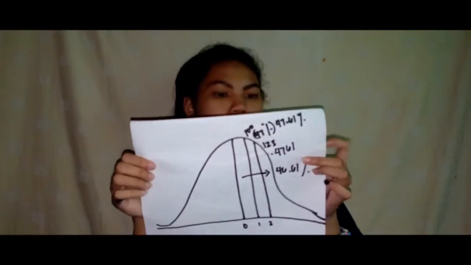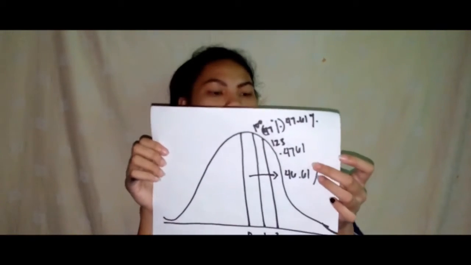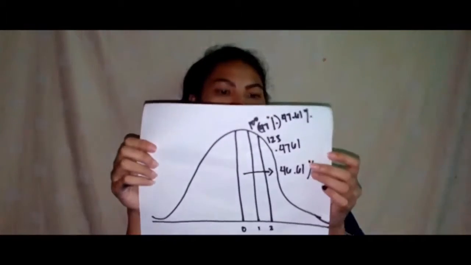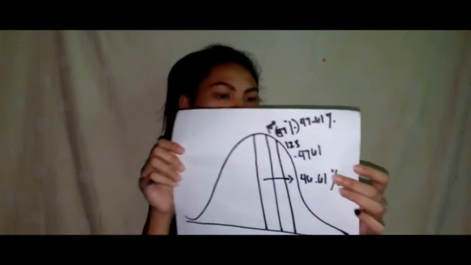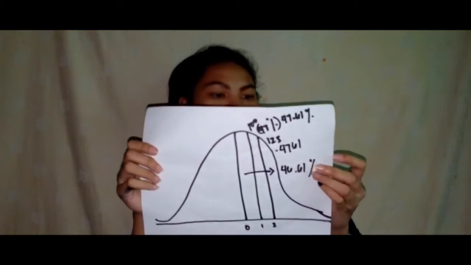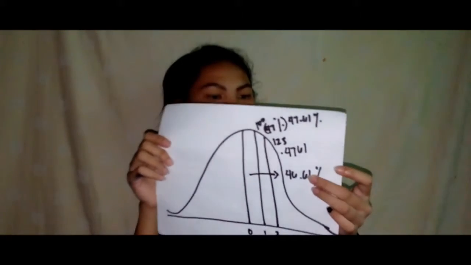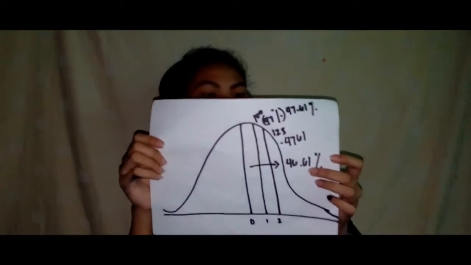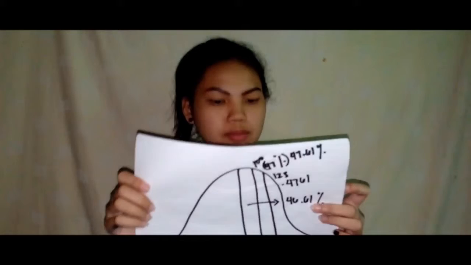And because we know the entire area to the left is 50% of scores, I'm going to add 50% of scores and 47.61% to get 97.61% of all scores below that number.